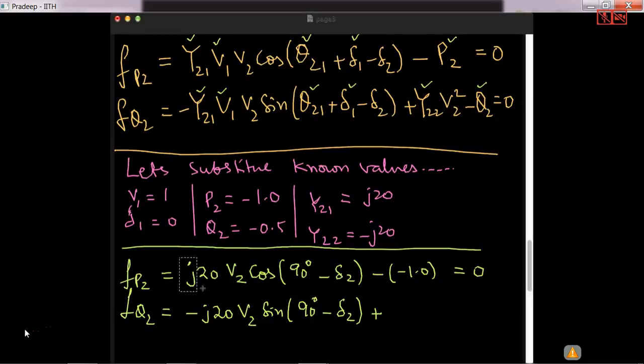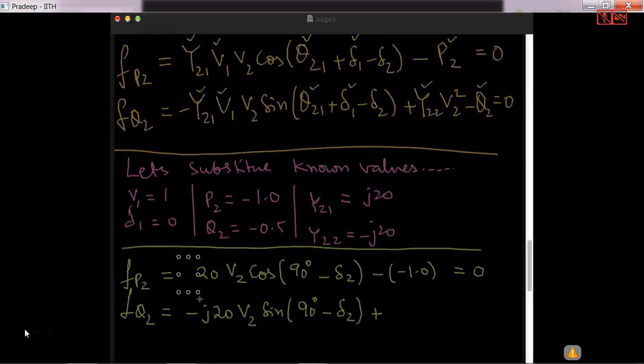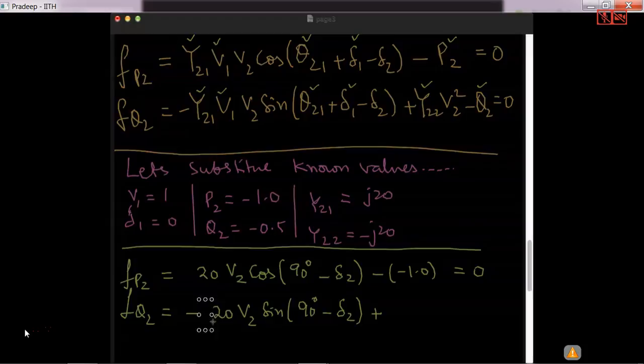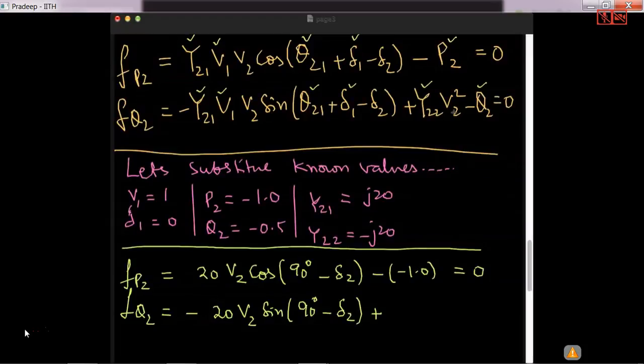So this J is not required. Strictly, we are actually taking the magnitude of all three. Okay, so Y22 is 20 again. So the magnitude is 20 and V2 is the magnitude of voltage. So V2 square. And then Q2 is minus of minus 0.5 equal to 0.